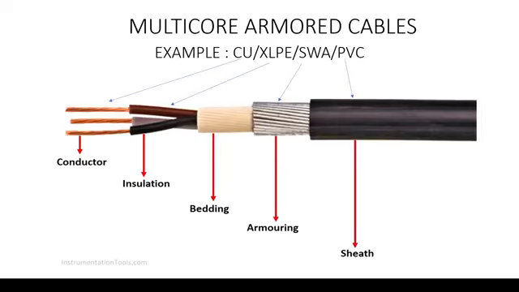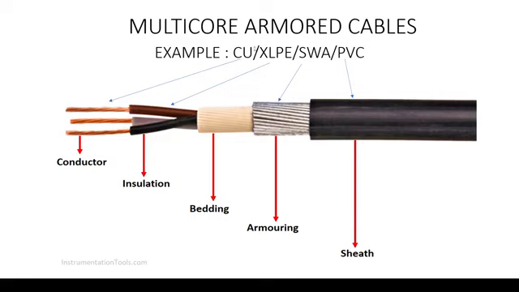And the last and most commonly used type of cable are the multi-core armored cables. A multi-core armored cable is the cable that you would typically use for laying on cable trays. Whenever you lay any cable on a cable tray, it needs to be an armored cable, since it has the necessary mechanical protection to be laid on cable trays without being damaged.